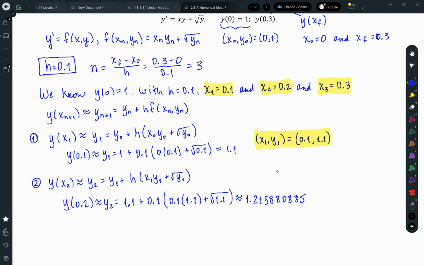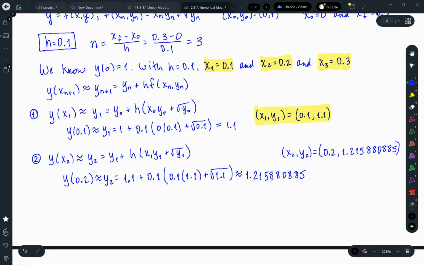So the information that I got here was that x2, y2 is equal to this ordered pair of 0.2, comma, 1.215880885. Okay, so that was step 2. And step 3, I know I have 3 steps to take, so my numbering looks good.